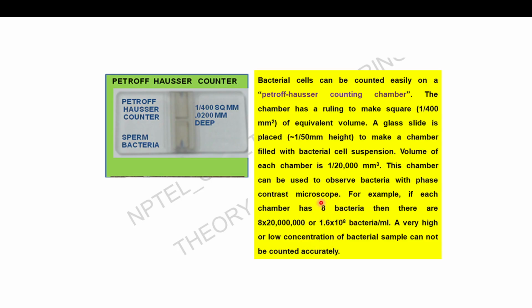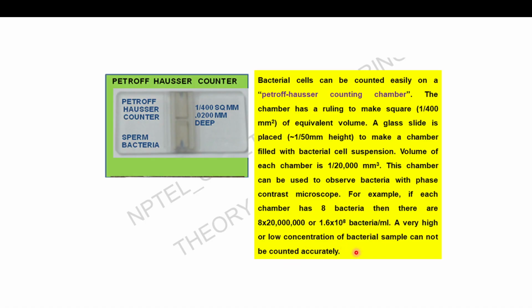So if you count 8 bacterial cells in this square chamber, then you have 8 into 20,000 into 10 to the power 3 bacterial cells per ml. This 10 to the power 3 comes in because millimeter cube has been converted to ml.